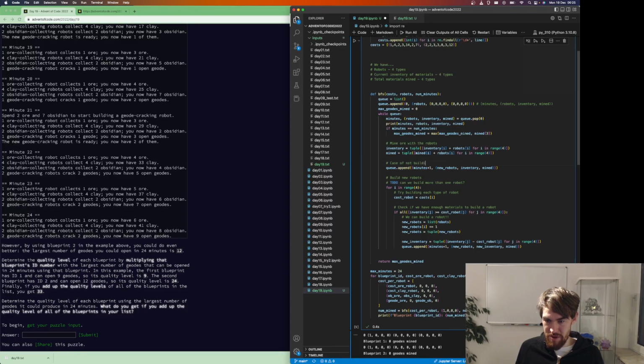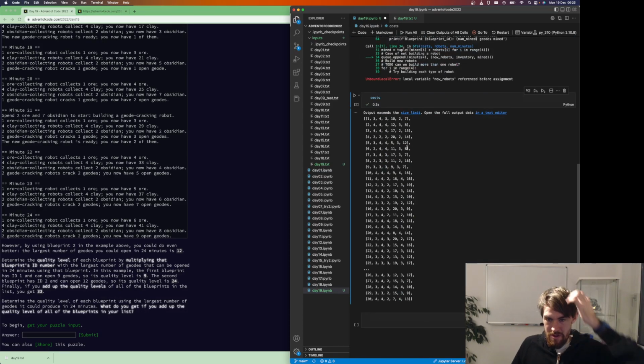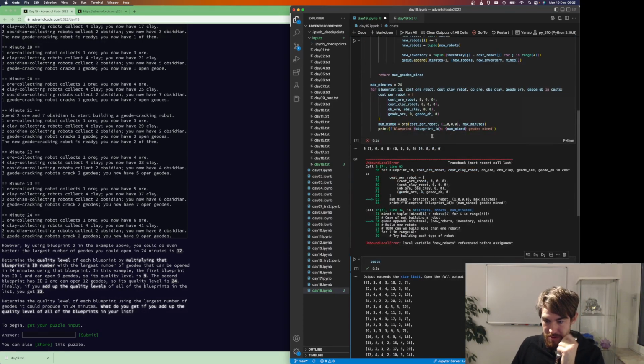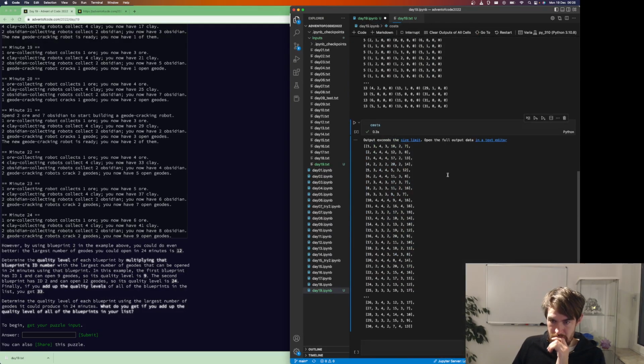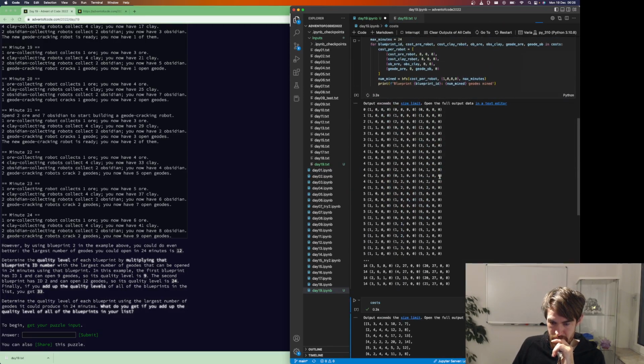Case of not building a robot. Oh no, new robots is referenced before assignment. We just keep our robots the same, with the same inventory and the new inventory and the new mined. Yeah.